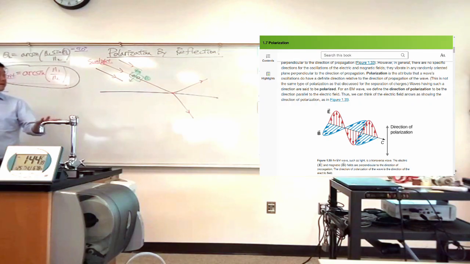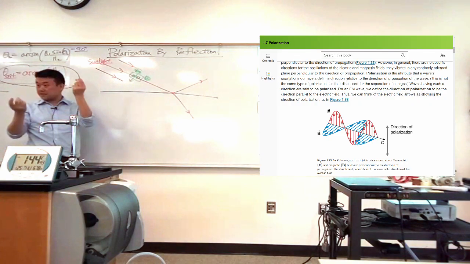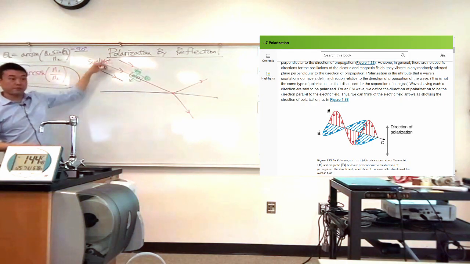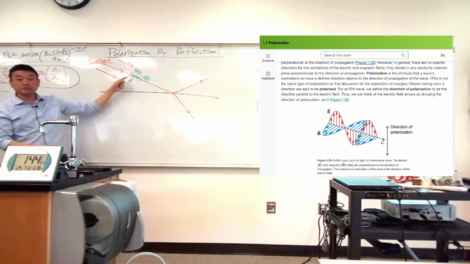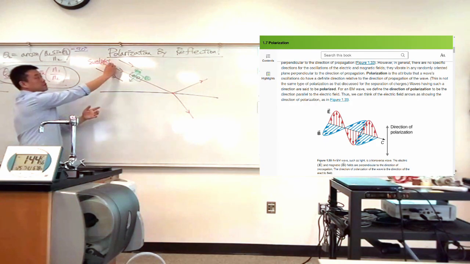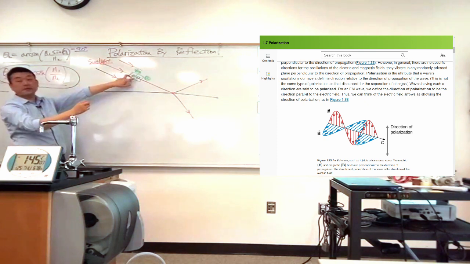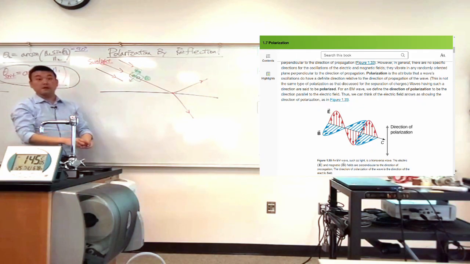So you could imagine this kind of polarization being generated by a charge that's oscillating up and down this way. That'll produce light that's polarized this way. Or if I have a charge that's oscillating into and out of the board, that'll generate an electric field that's oscillating that way, so the light is polarized this way. Yeah?